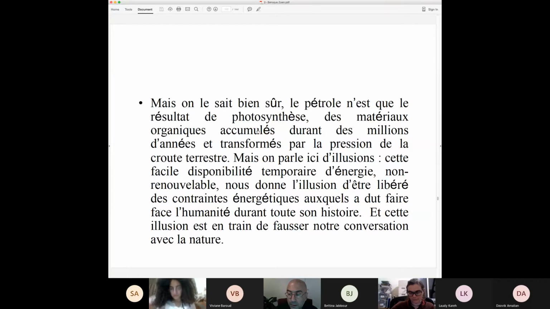This oil is, in effect, limited, but it has given us, for a time, we, modern people, have, for a time, the illusion that this easy accessibility of energy has allowed us to live in a world of almost unlimited energy.